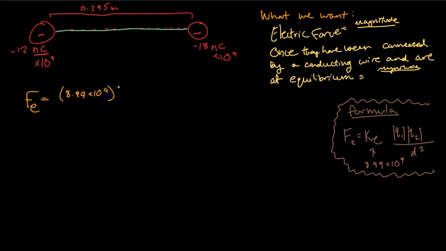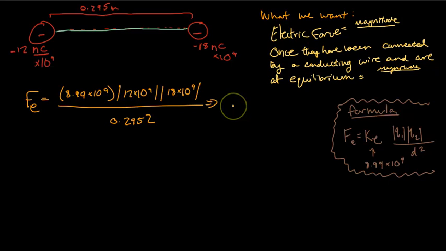And then we multiply that by the absolute value of our first charge, which is the 12 nanocoulombs, and then we'll also multiply on the top by the other charge, which is 18 nanocoulombs, and then we divide it all by the distance between them squared. So we'll do 0.295 squared.